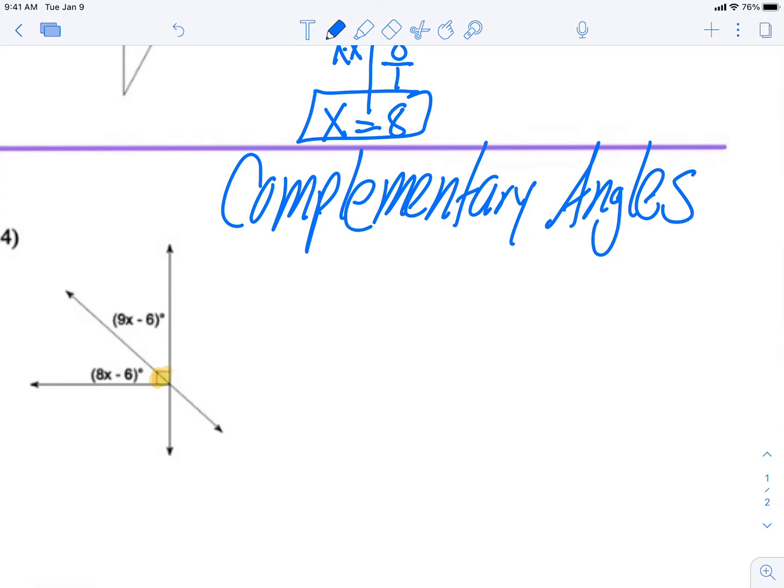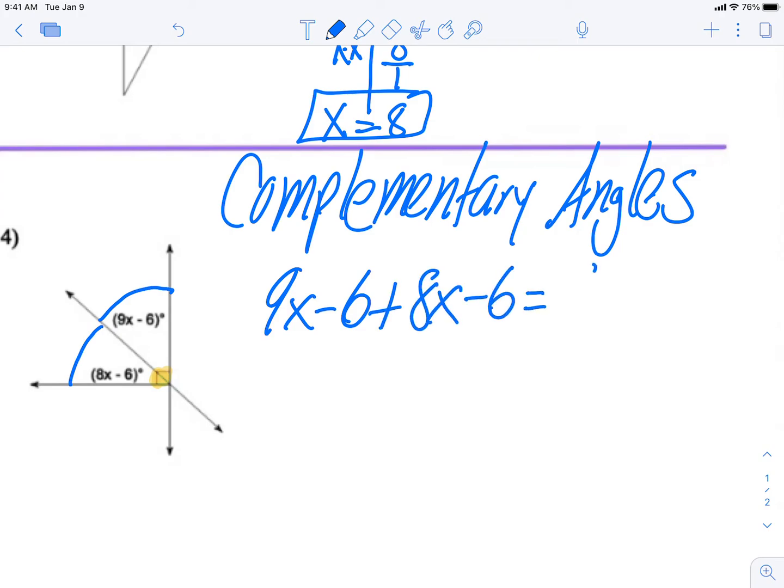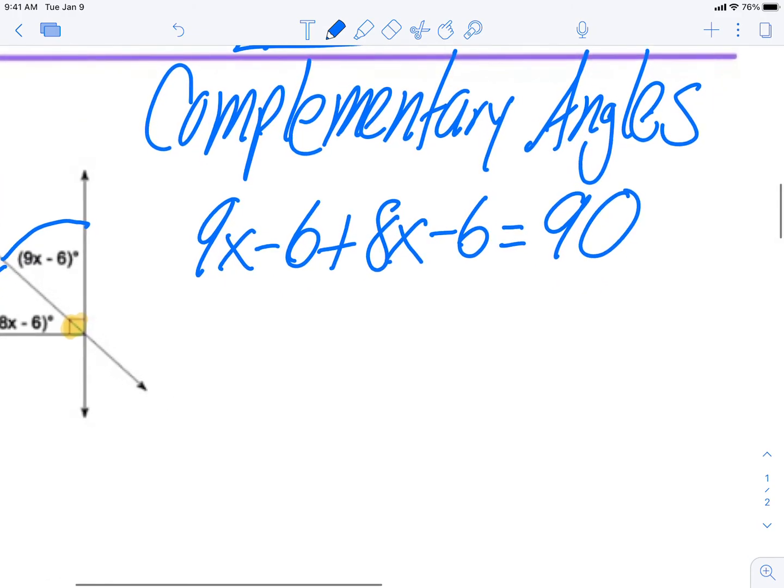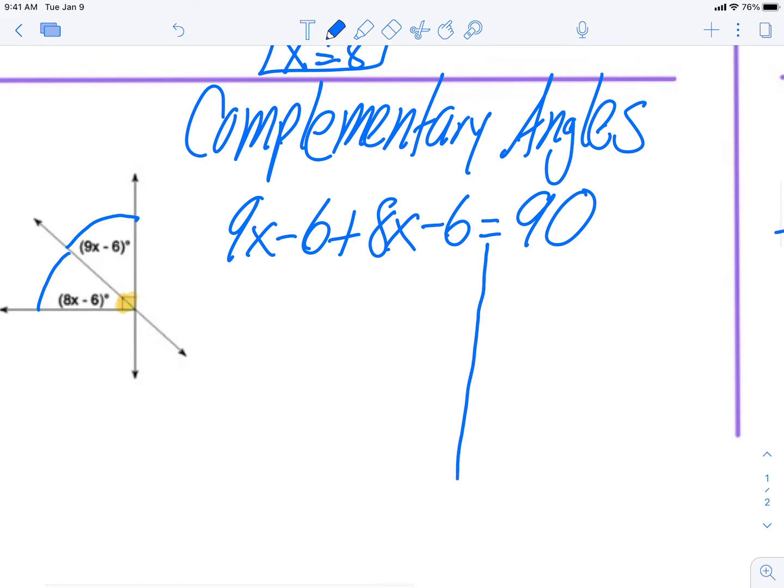So this angle plus this angle add up to 90 degrees. So 9x minus 6 plus 8x minus 6 is equal to 90 degrees. So let me draw my line of separation as always.